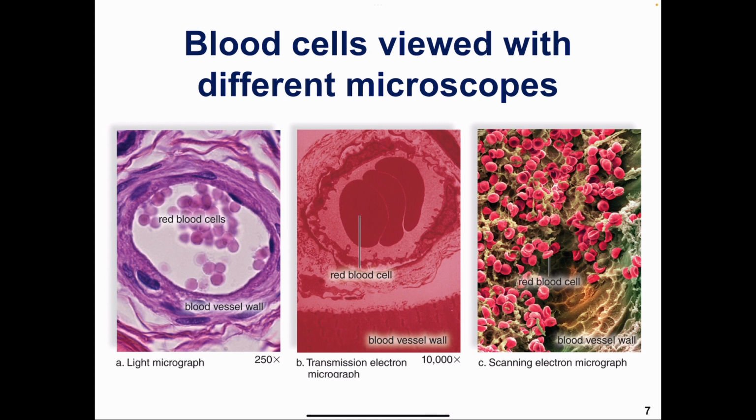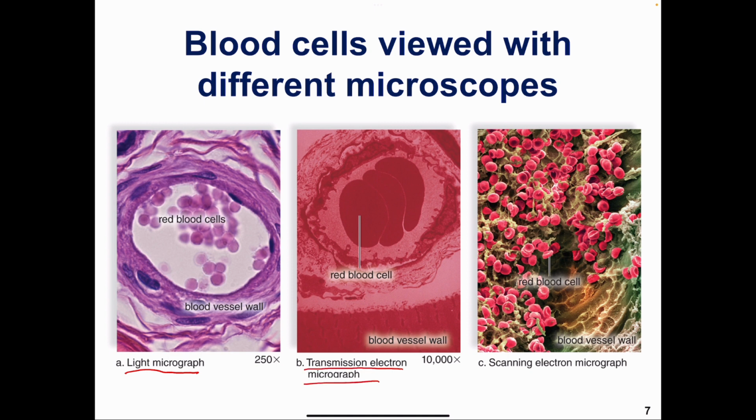On our right hand side, we have a picture taken with a light microscope that shows a blood vessel with red blood cells. You can see that the resolution in that picture is not as good as that of the middle one, a micrograph taken with a transmission electron microscope, right?